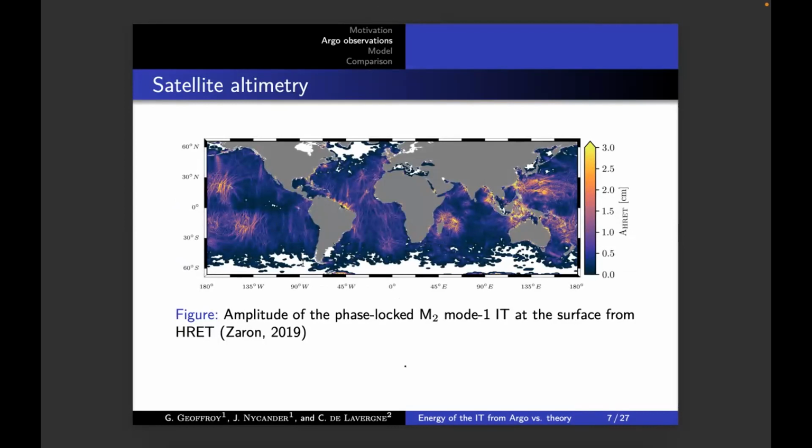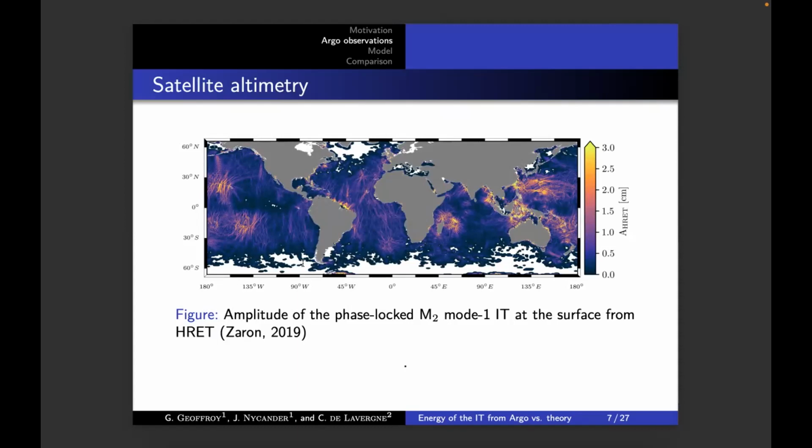In particular, this comes from the model HRET made by Geoffroy. This kind of picture of the internal tide field offers very good horizontal resolution, and you can see very characteristic features of these internal tides, with beams of waves that emanate from generation points. We call them hotspots, for instance here in Hawaii.